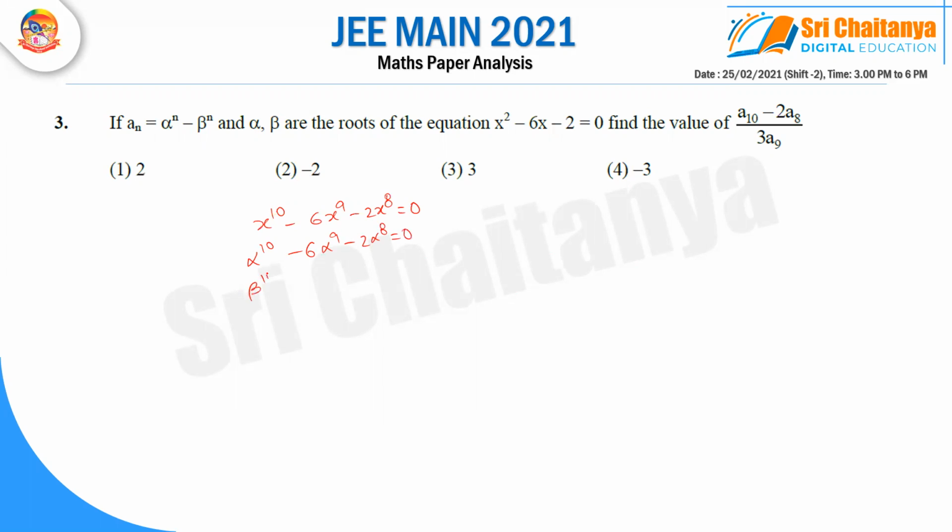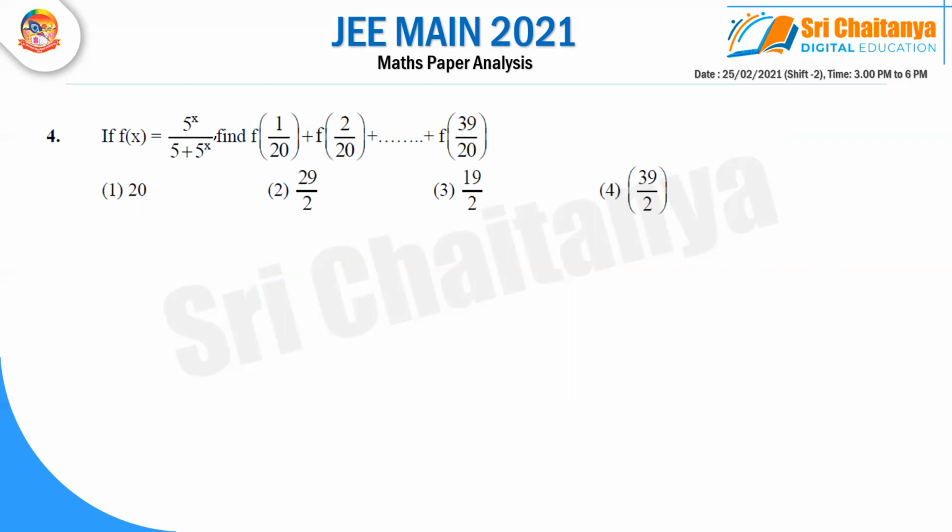And if I'm substituting beta, I will be getting something like this. If you see properly, they are asking a10, and a n is alpha power n minus beta power n. So to see such terms, I will subtract these both. Subtracting these both, you will be getting a10 minus 6a9 minus 2a8 equal to 0. If you see properly, these are those terms only. So the answer will be the first option.